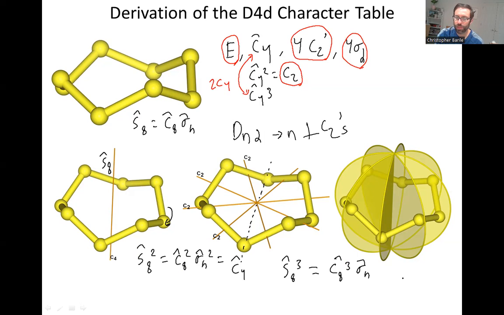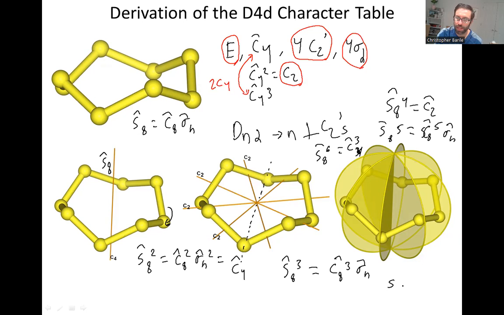And so you can keep going through this. Basically, any of the even S8s aren't going to be unique because they're going to transform as a C4 derivative. So S8 four times, I think you can show pretty easily, is equal to a C2. But S8 five times is going to be unique, equal to C8 five times followed by a sigma H. And S8 six times is not going to be unique, that's just equal to C4 three times.